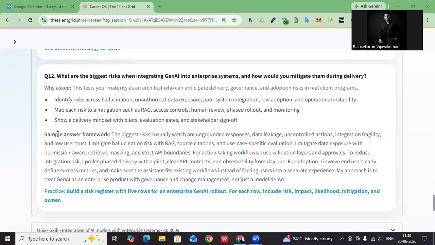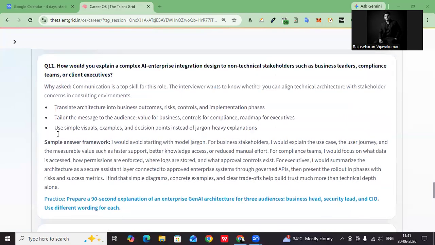Okay, now consider, suppose you are on a project and your objective is to assign responsibilities to people. There could be a team of technical people with you. You have some non-technical stakeholders, business leaders, compliance teams, and client executives. All of these people are around you.